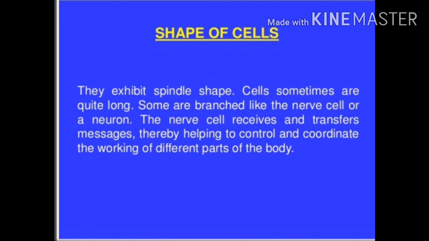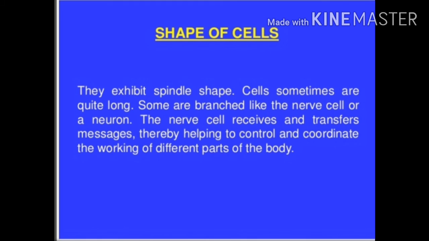Shape of cells. Cells may be of different shape and size. Some cells are round or oval, like red blood cells. Some are cuboidal, cylindrical, and spindle shaped, like muscle cells, and some are irregular in shape. The shape varies according to the type of function a cell performs.